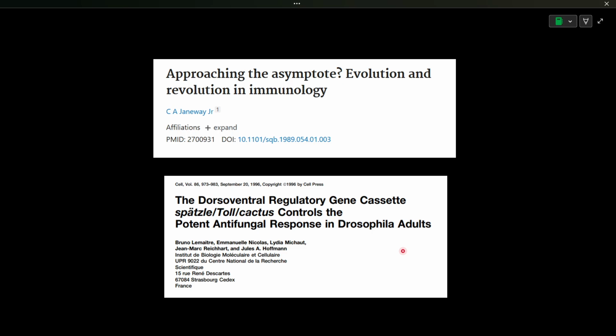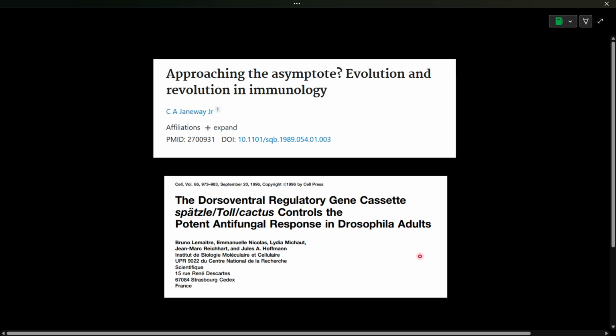The evidence was given just a few years later, in 1996, by Jules Hoffmann and colleagues, where they discovered that the Spätzle-Toll-cactus pathway, which has a role in the embryonic development of Drosophila, is also important for defense against fungi in Drosophila.